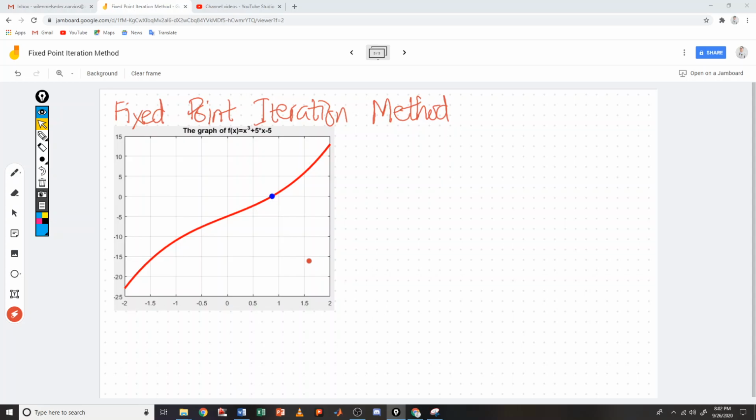For finding a root of a function using the graphical approach, keep in mind that the root always lies on the x-axis. As you can see, this is the x-axis, and this is the y-axis.